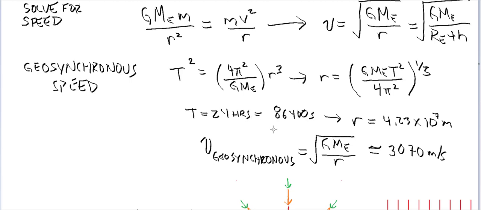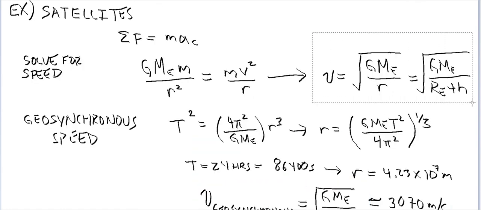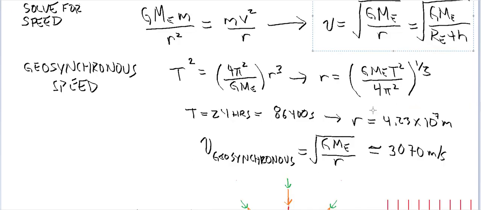If we want to figure out what the speed of a geosynchronous satellite is, then we can come back to this equation that we just solved for and plug in this r. So g M_E over r under the square root, where g is 6.67 times 10 to the minus 11 newton meters squared per kilogram squared, M_E, the mass of the Earth, is 5.98 times 10 to the 24 kilograms, and for r, we're going to plug in 4.23 times 10 to the 7 meters.